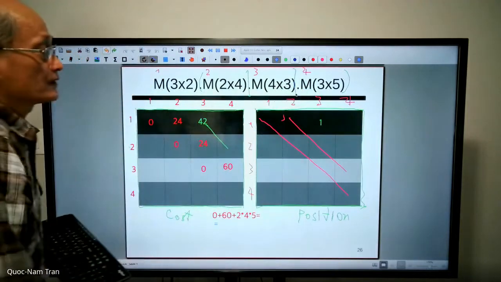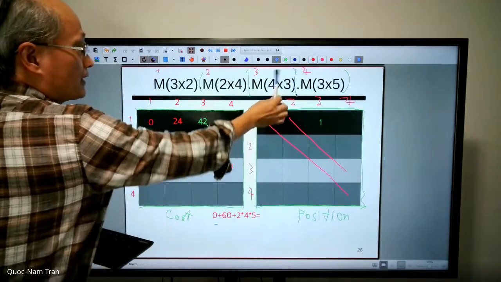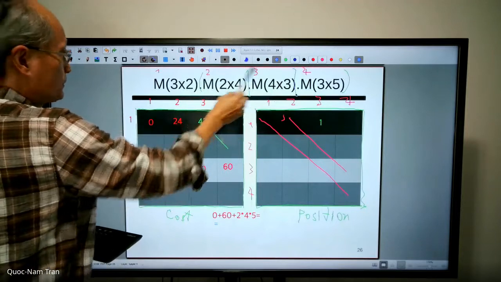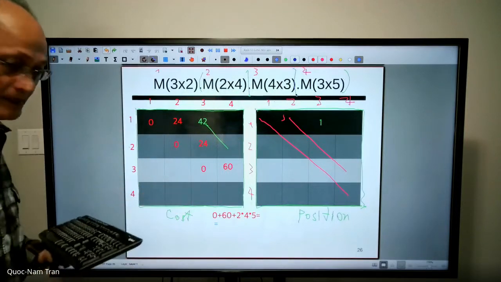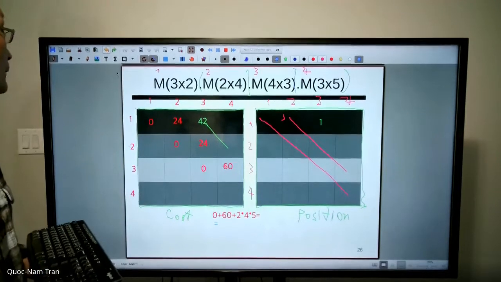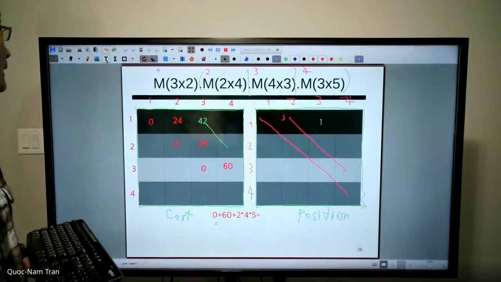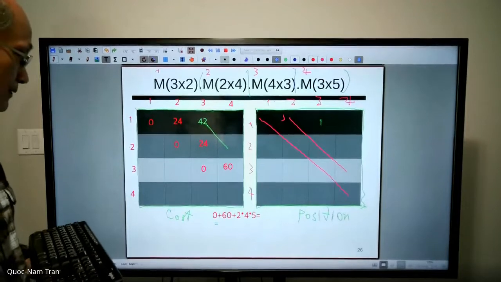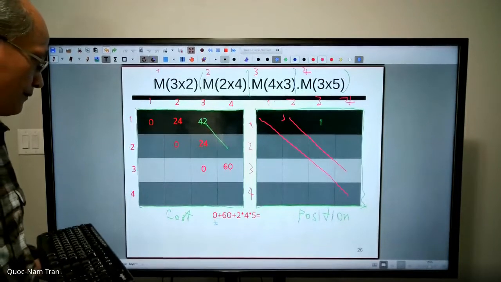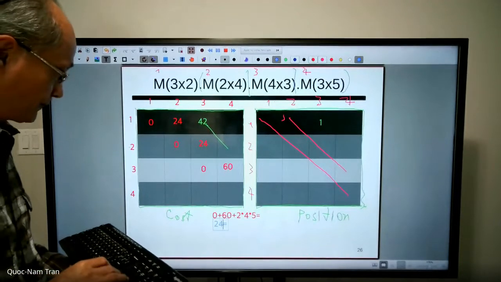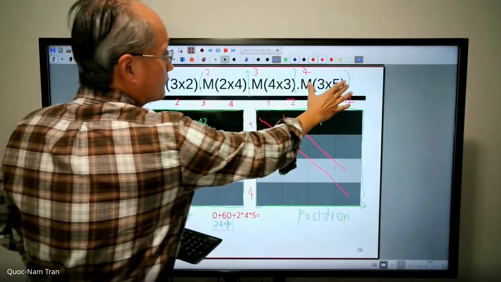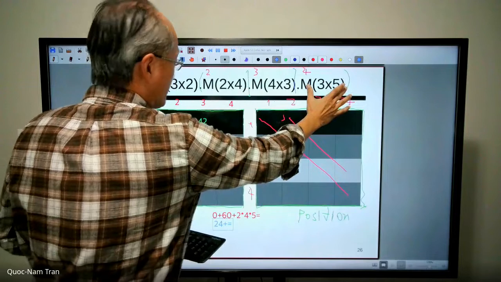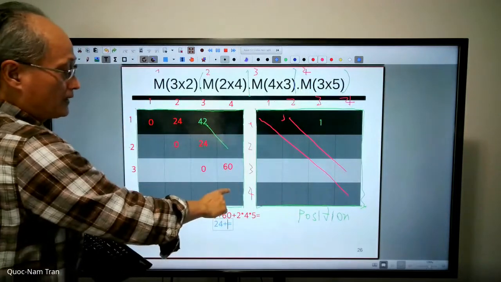We break it at 3, then the left will be from 2 to 3. 2 to 3, we have 24, right? And then plus the right subsequence 4 to 4, we know that is 0.